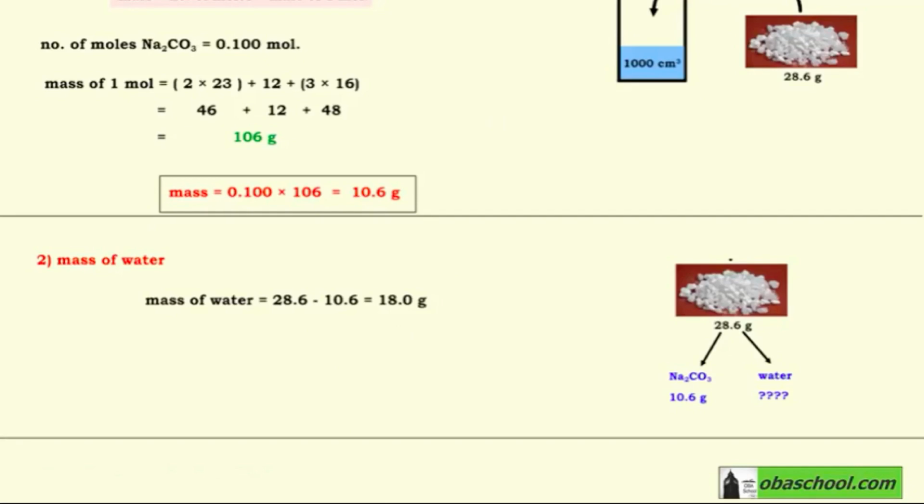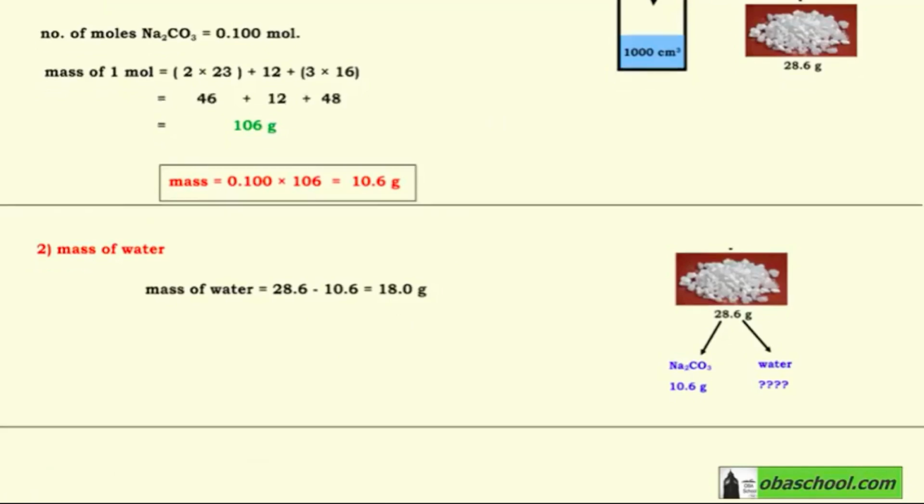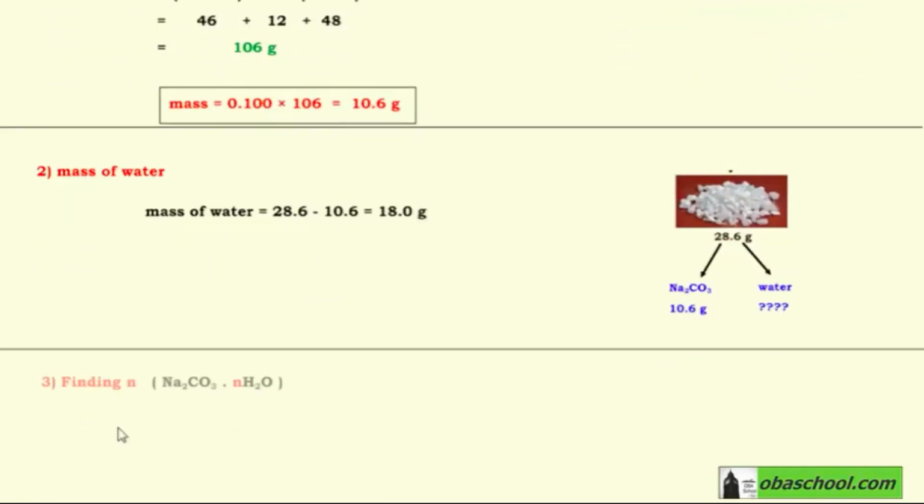We have this formula right here. As you can see, N is unknown. So how to find the number of moles of water? The mass of water is already calculated above. It is 18 grams.